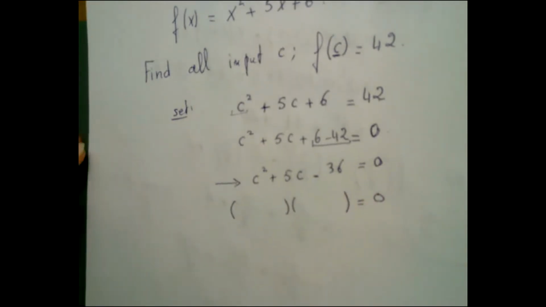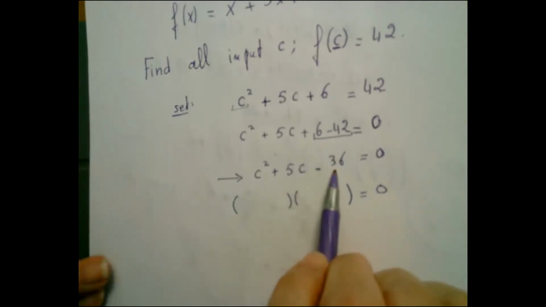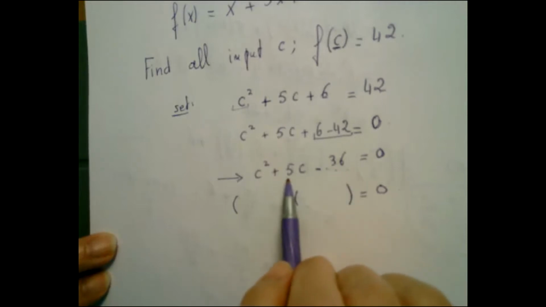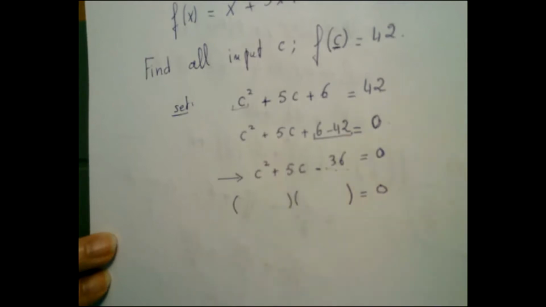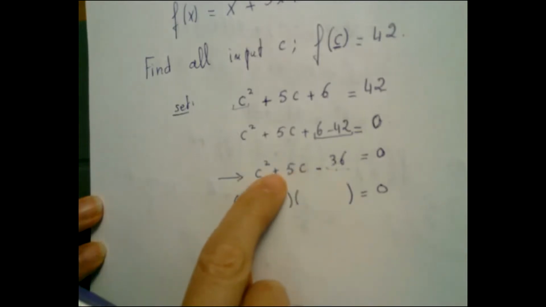So let us remember, how do we factor this? We look for two numbers. When you multiply them, it's minus 36, and when you add them, it's 5. Which are the candidates for that? What are the two numbers?